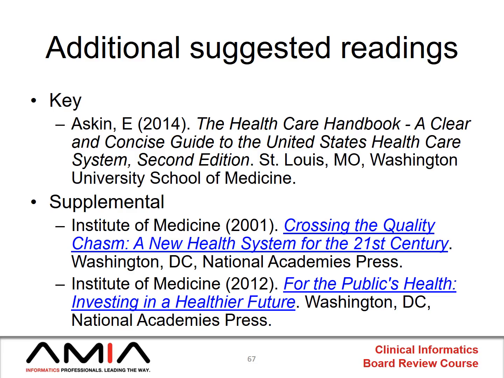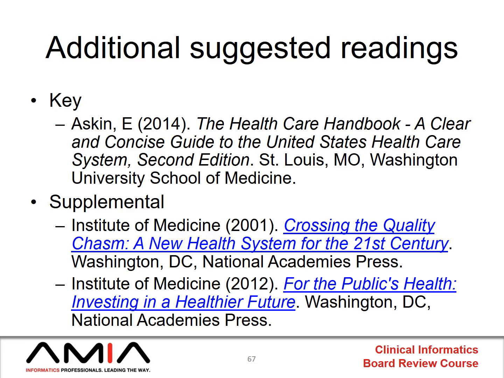For additional suggested readings on the topics covered in this lecture, I can suggest a relatively small and readable book called The Healthcare Handbook, written by a couple students from Washington University School of Medicine and now developed into a book and a website.